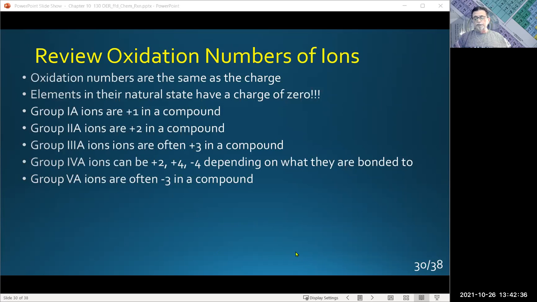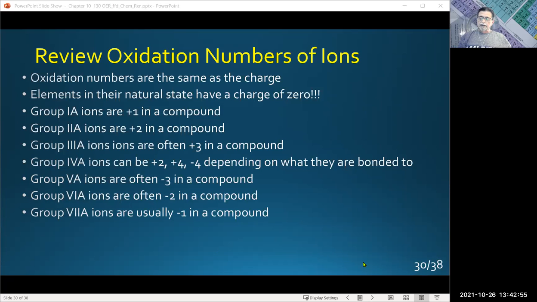Once we pass group 4, we start picking up electrons, and we get into the realm of the nonmetals. They're going to pick up enough electrons to fulfill the octet. So group 5 has a -3 oxidation number, group 6 has a -2, and group 7 has a -1.